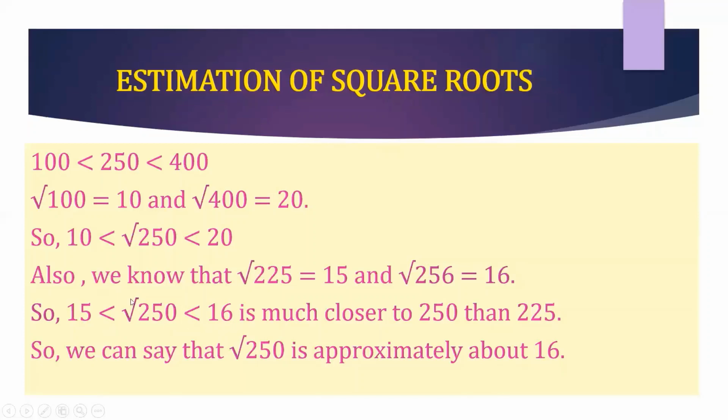So in short, what you have to do is write the given number in the center, and on the left hand side write the smaller perfect square number which is very near to the given number, and on the right hand side write another perfect square number which is very near to the given number and bigger than it. Then write the square roots of both the numbers, and the greater number will be the estimated value.